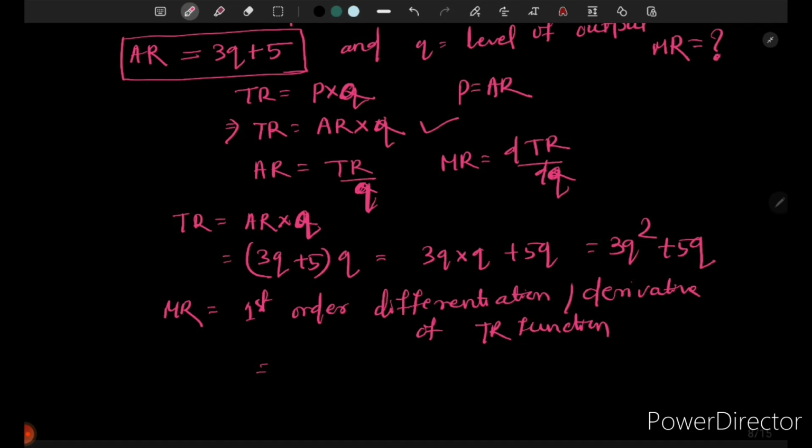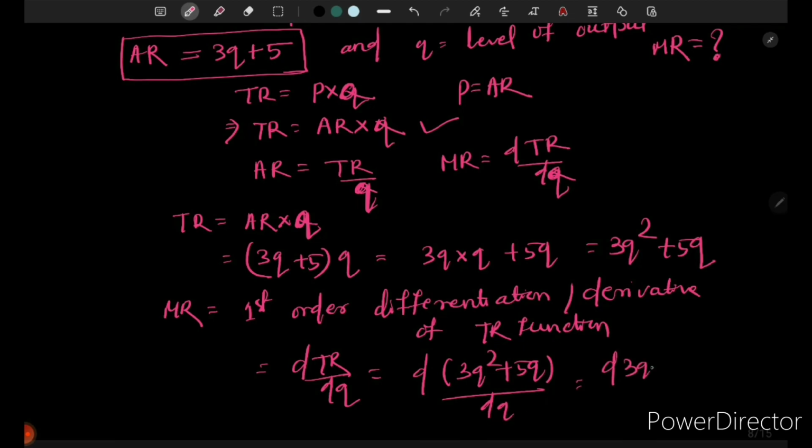That means we can write it as dTR with respect to dq. So the TR function is given as 3q square plus 5q with respect to dq. By the addition rule of derivatives, that means the derivative of 3q square with respect to dq plus the derivative of 5q with respect to q.